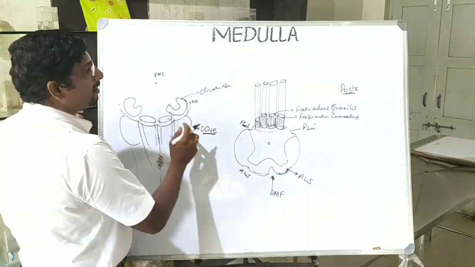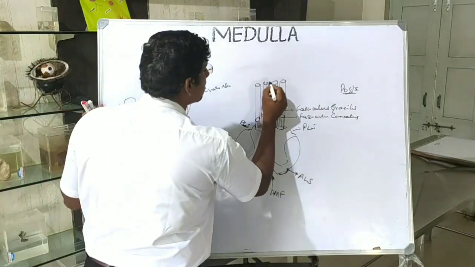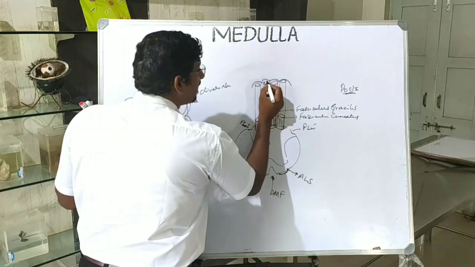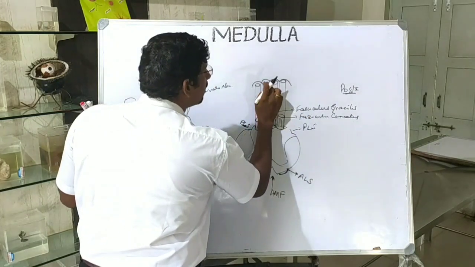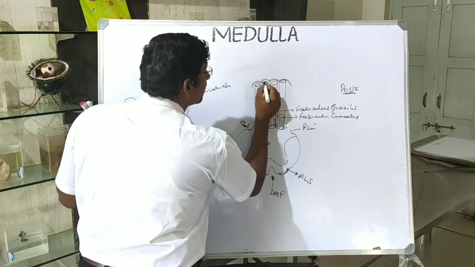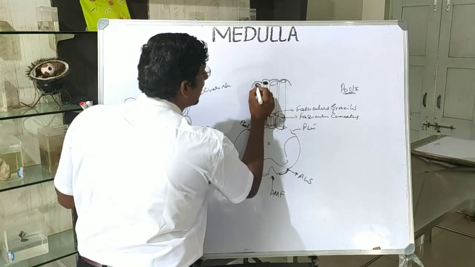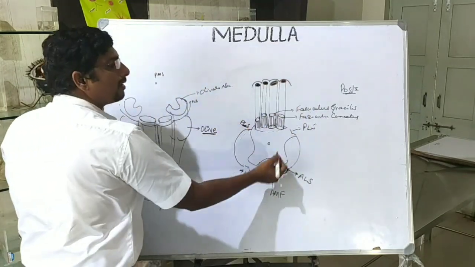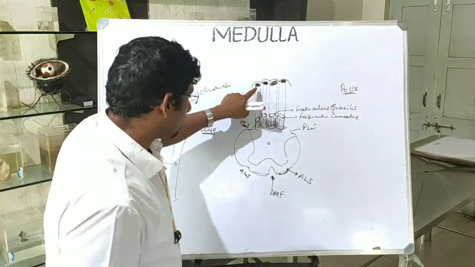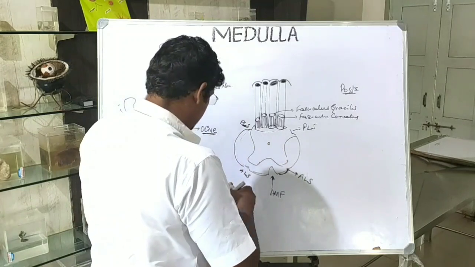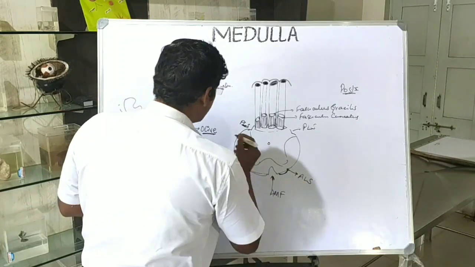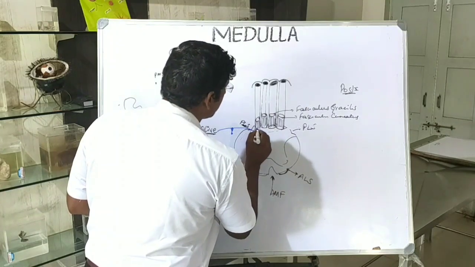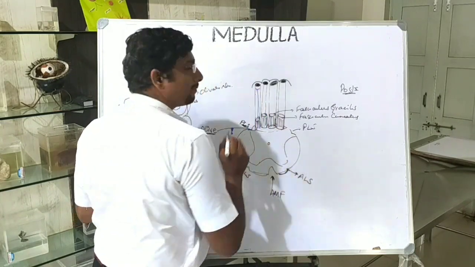The same posterior tract, as it comes towards the medulla oblongata, they are going to end on the tubercle. They are going to end here. The fibers which are going to carry through these tracts, they are going to end up here. For example, this is a neuron which is carrying sensation, which is coming here, it's going to end here.